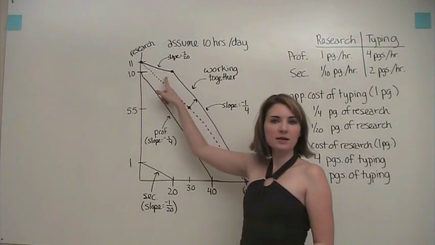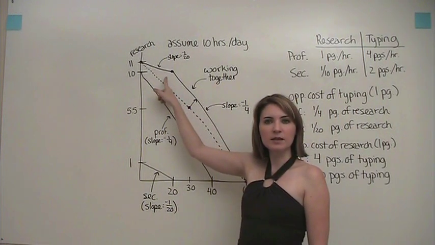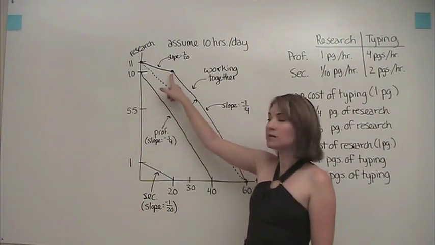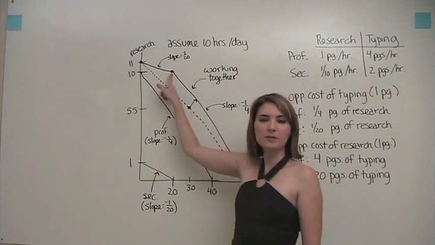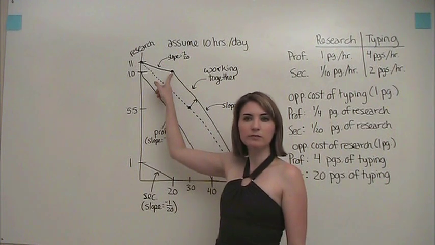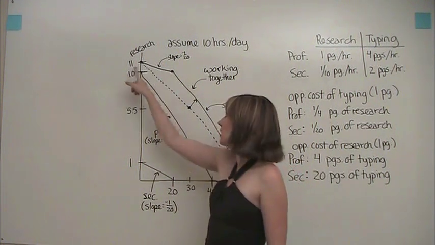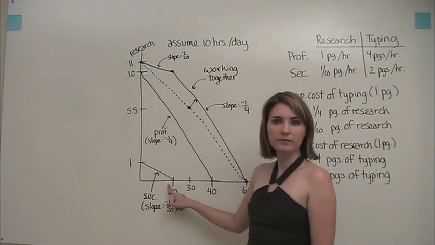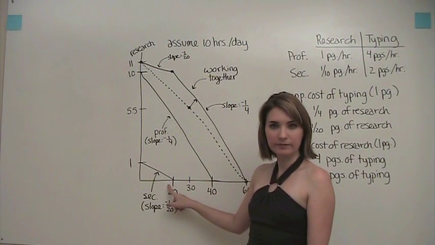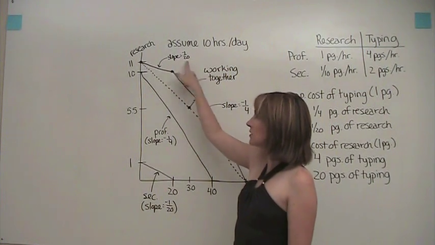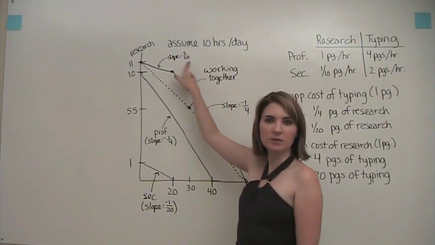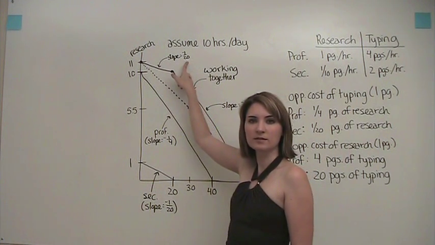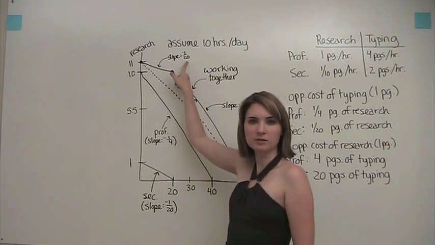If we were to assign the secretary to typing while the professor still did research, we would reach a point here with a total of 10 pages of research produced by the professor and 20 pages of typing completed by the secretary. Note here that the slope for this part of the production possibilities frontier is just the opportunity cost for the secretary of typing in terms of research.